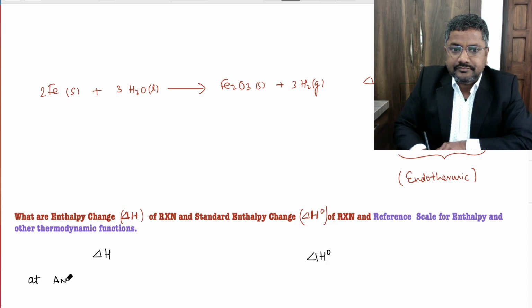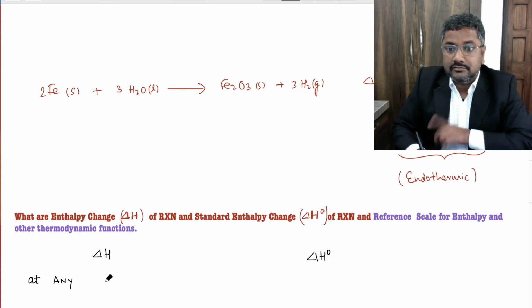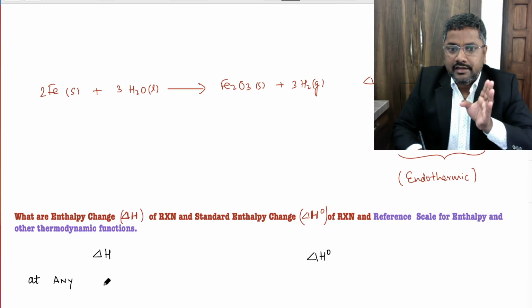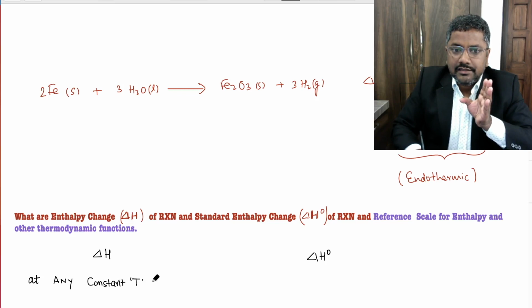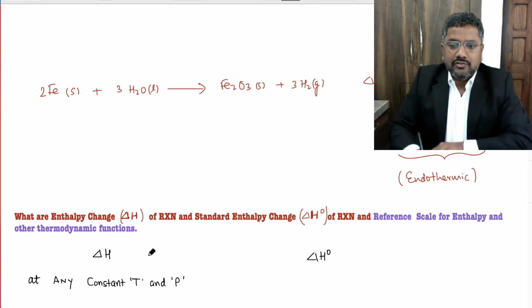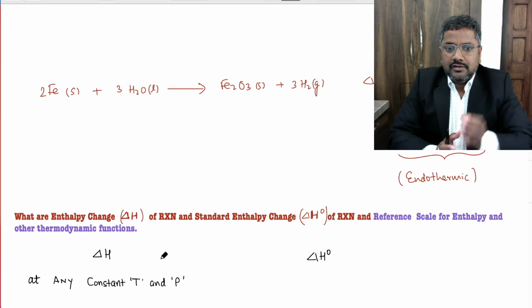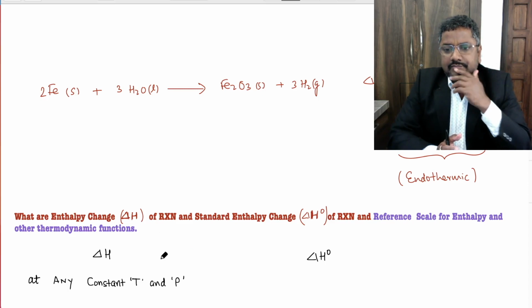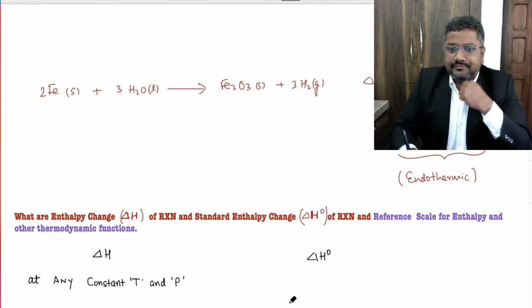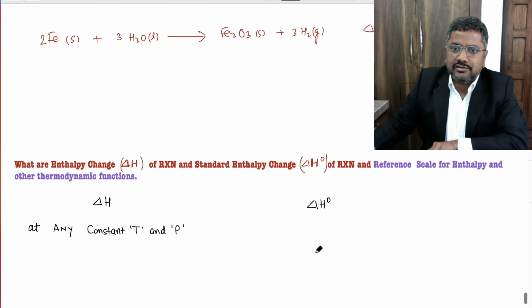Delta H is measured and defined, listen carefully, at any constant temperature T and pressure. So if you determine the heat change or energy change in any reaction at any constant temperature and pressure, then this is called delta H. What is this delta H naught?